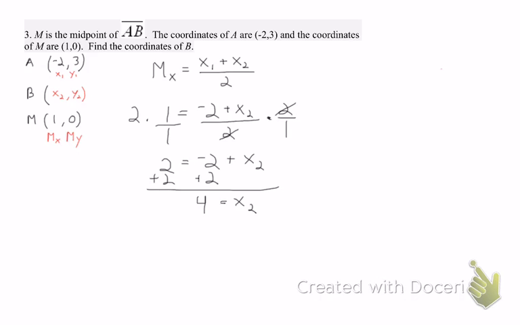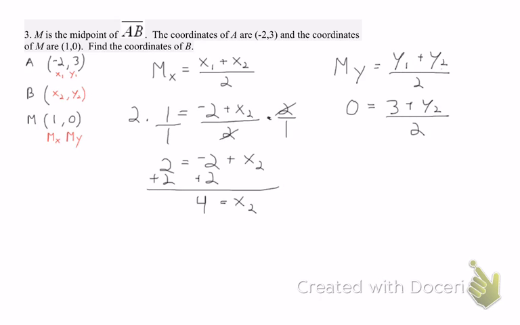Okay, if we do the same thing for our y, we would be able to find the exact coordinate of B. So our my is equal to our y1 plus our y2 divided by 2. Our my is 0. Our y1 is 3. Our y2 we are trying to find, and that's divided by 2.